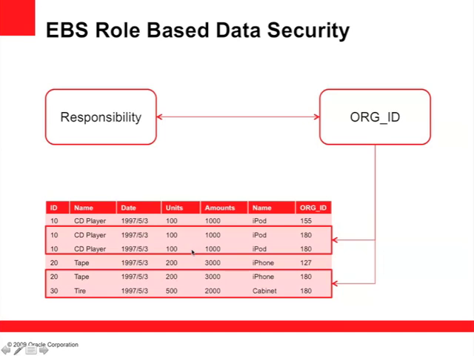If your organization ID is 155, then you'll get only the first row. So based on the responsibility you pick when you log into the E-Business Suite, you'll get a different set of data, even though you're accessing the same report as other users; each user will get a different data set. So let's take a look at how to enable the E-Business Suite role-based data security support and how that works.